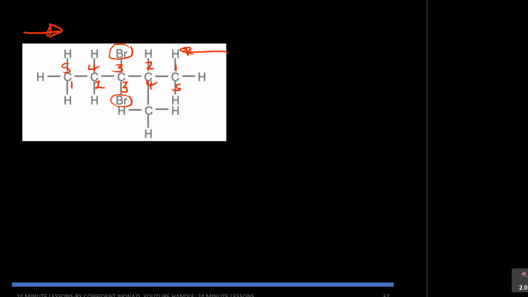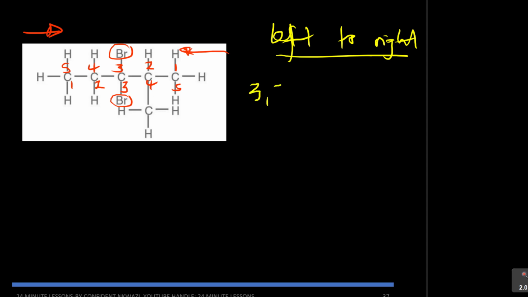So I'm going to write it both ways so that I can show you a very, very important section here. Look at this now. If I'm naming it from left to right, it's in carbon 3, so it's 3,3. See, there are 2 Br, hyphen, dibromo, because there are 2 of them, and then hyphen, carbon number 4.